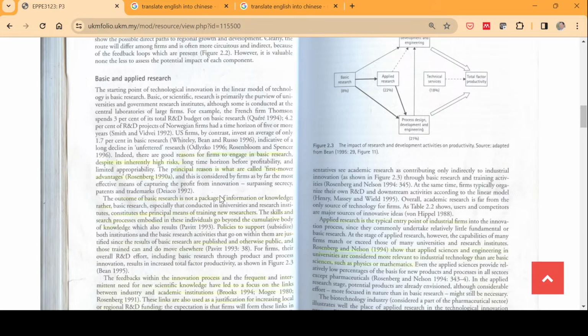Everyone will benefit from it. So why would a firm do it? Not firms. Universities will do it, universities and government research institutes.